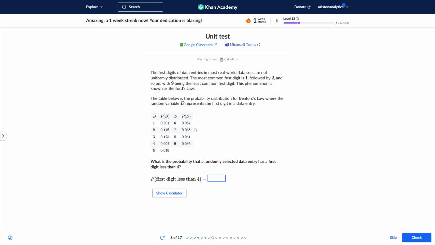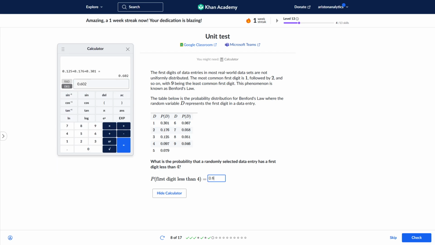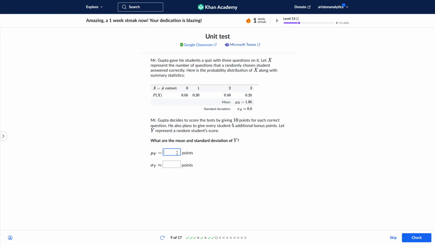First digit less than 4. He also plans to give every 5 students additional points. 19.5 plus 5 is 24.5.